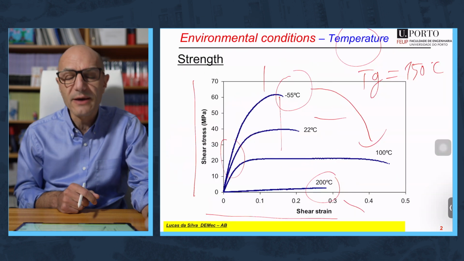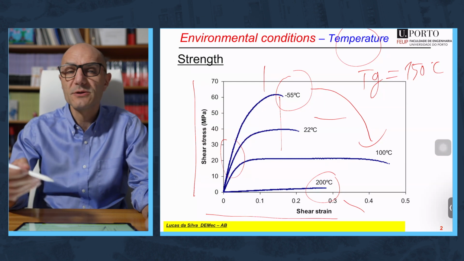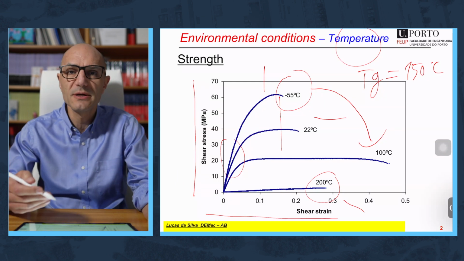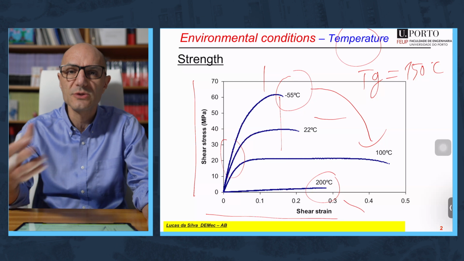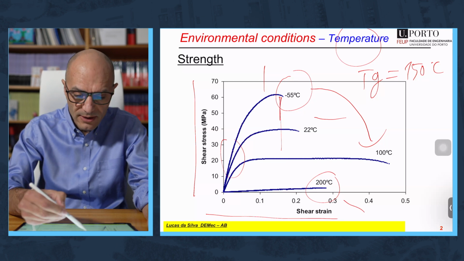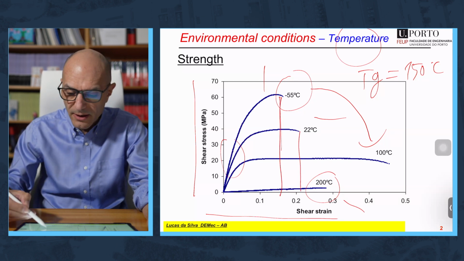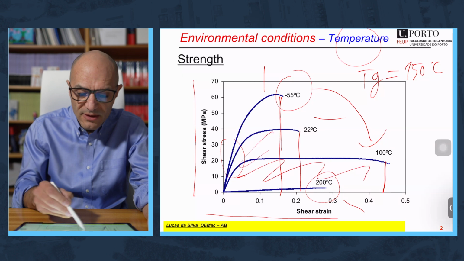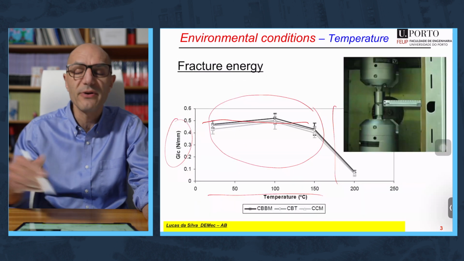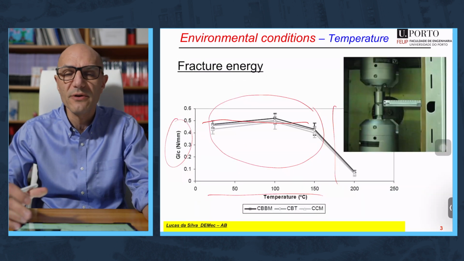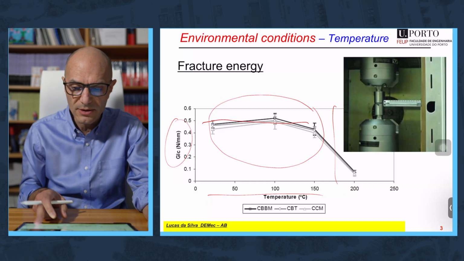We can look back at the previous graph to understand this, because an estimate of the fracture energy can be seen as the area under the stress-strain curve. And if you look at this area and this area and this area, well, they don't differ that much. That's why the fracture energy also doesn't differ that much when you are below Tg.